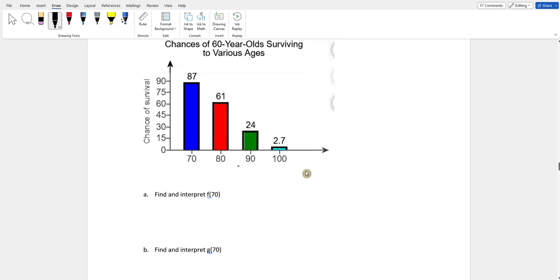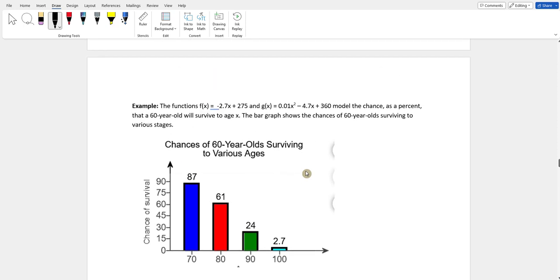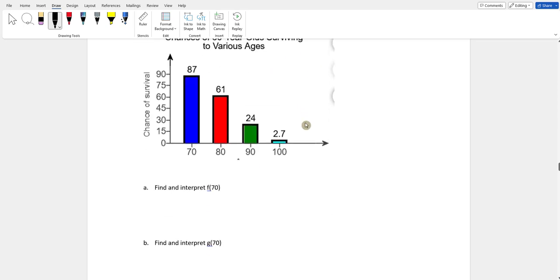So we're going to use the actual function. This graph gives us the actual numbers, but we have functions that were derived. So we're going to calculate f of 70. If we go back to the function, every time we see an x, we're going to plug in 70. Make sure you plug it into the right function because we also have a g of x.